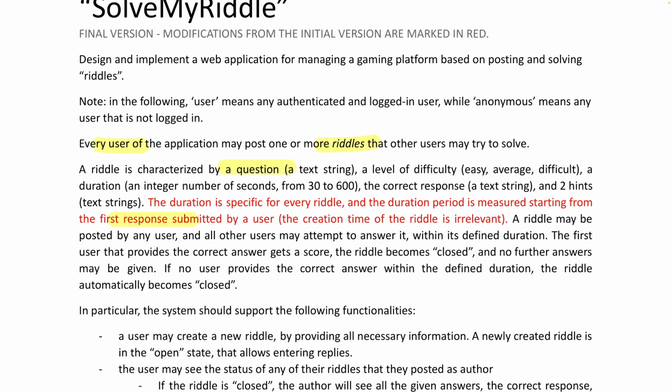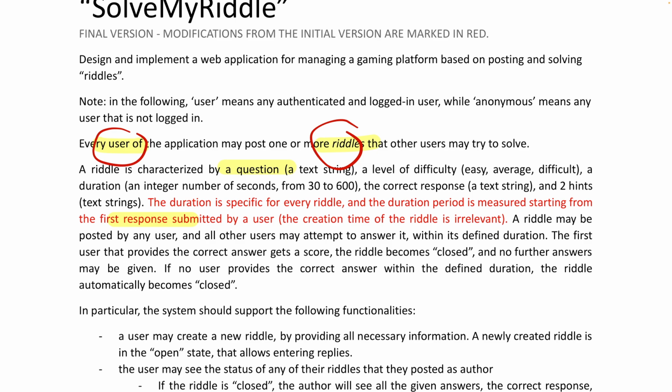Coming back from here, at this point, in our database we will have to represent the fact that we have a user, the fact that we have riddles, and the question. Should we represent the question as a different entity? Probably not, because the question belongs to a riddle entity.